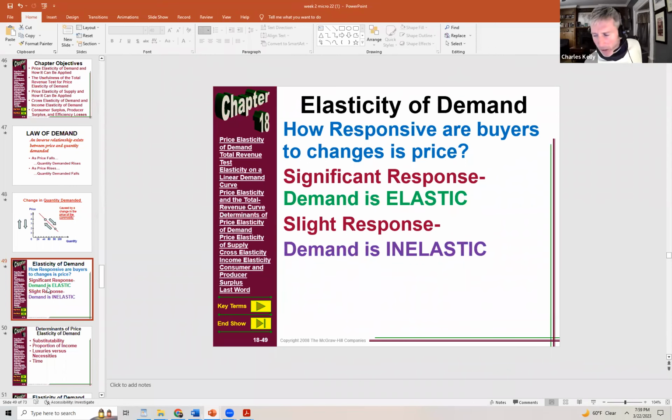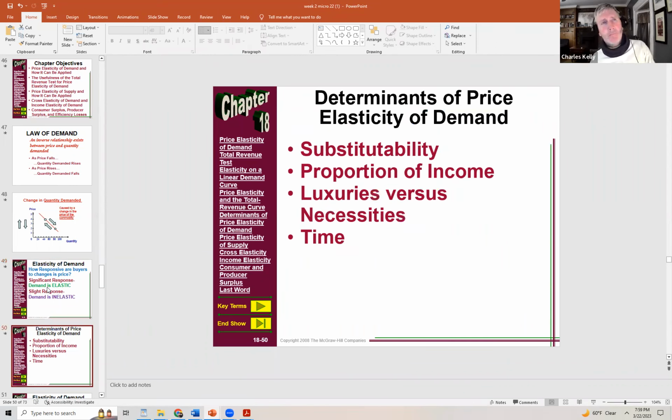So four factors generally determine elasticity of demand. The first one is the number of substitutes for that product. Just think to yourself, what's something I buy where there really aren't a lot of substitutes?